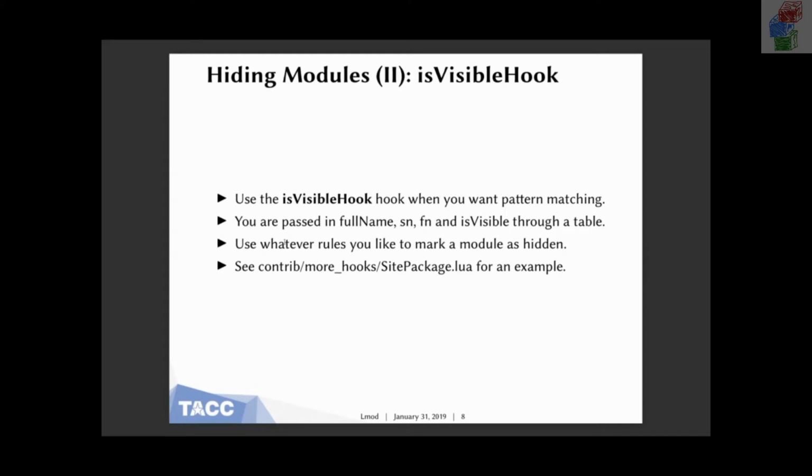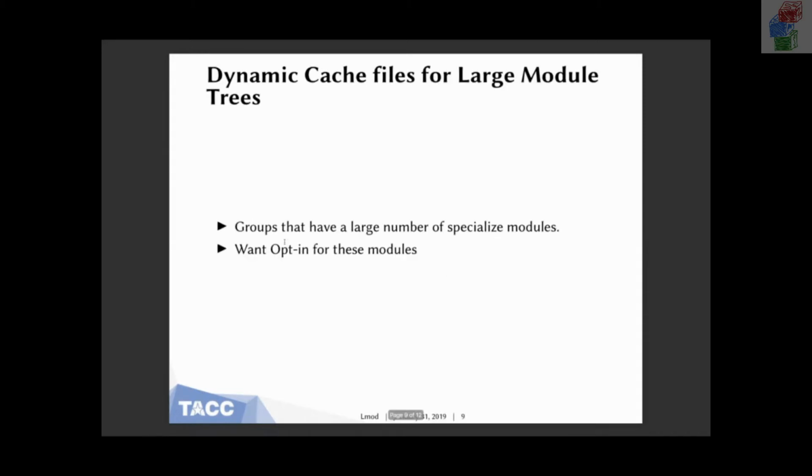And if you want, there's a fully worked example in contrib, more hooks, site package as an example. Okay, so here's something that came up with somebody I'm working with at the University of Texas, TACC.